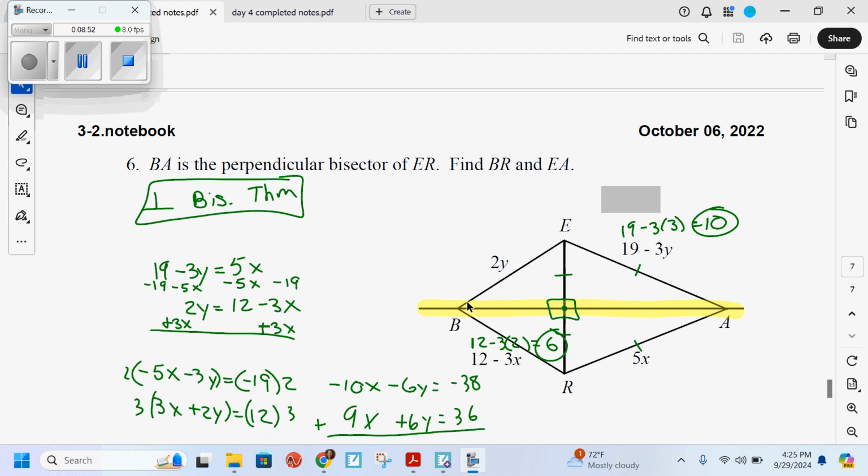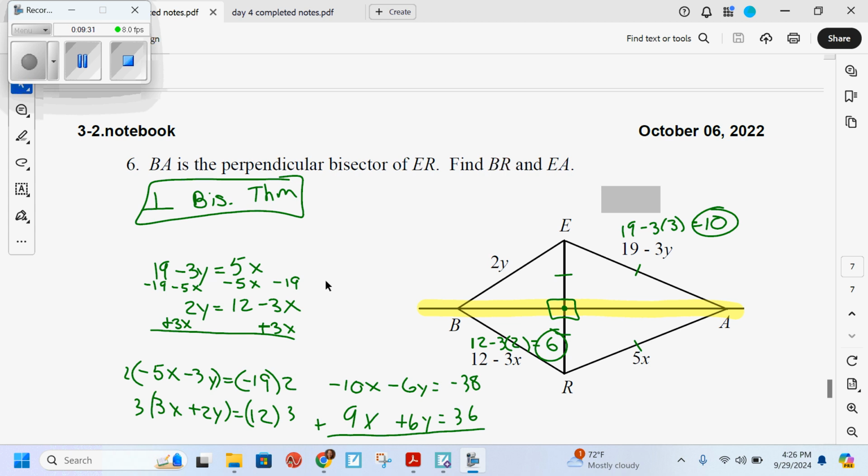All right, since BA, see how I highlighted it, is my perpendicular bisector of ER, that means ER is the one that's being bisected, and we have our right angles. So B is on the perpendicular bisector, which means that BE is going to be congruent to BR, and EA is congruent to RA. So because B and A are on that perpendicular bisector, they're equidistant to those two endpoints. So our setup over here is 19 minus 3y equals 5x.